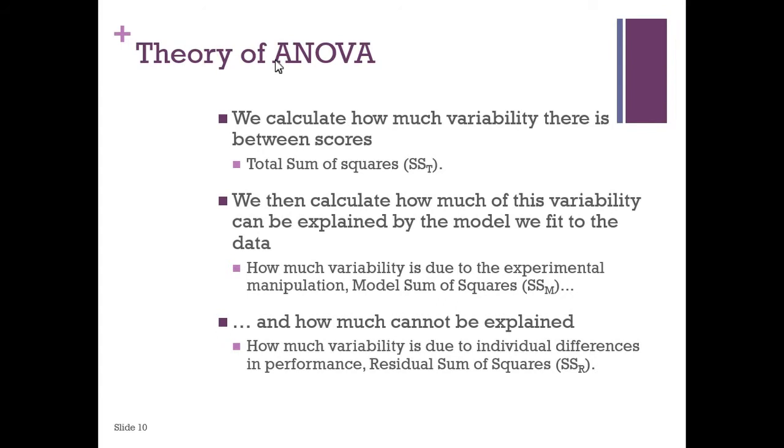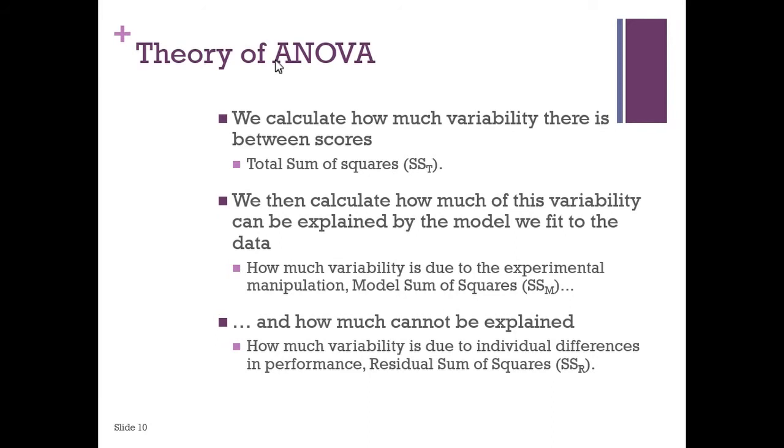So we're going to calculate how much variability there is just overall. That's going to be sum of squares total. So SS has made a reappearance. We talked about it at the beginning of this semester as sum of squares. So anytime you see SS, they're talking about some form of this, which was part of the standard deviation formula, the numerator, so x minus its mean squared, the sum of all the squares.